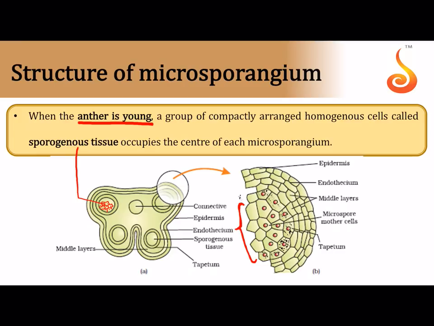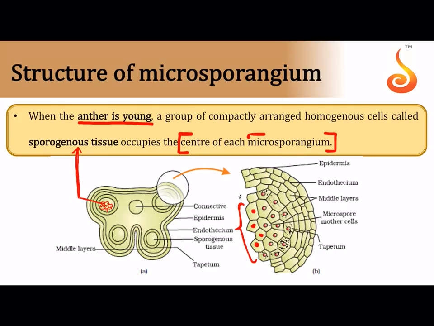This is what is referred to as the sporogenous tissue I had labeled in the previous slide. It consists of a mass of cells which are alike to each other. All the cells look alike, they have a single nucleus, and this is the sporogenous tissue. It occupies the center of each microsporangium.